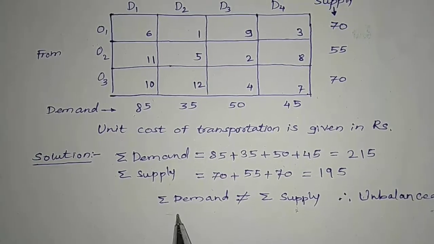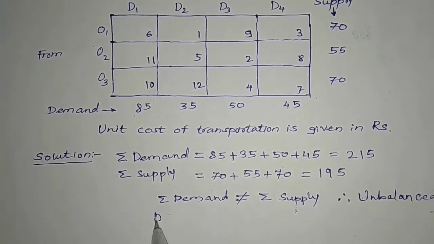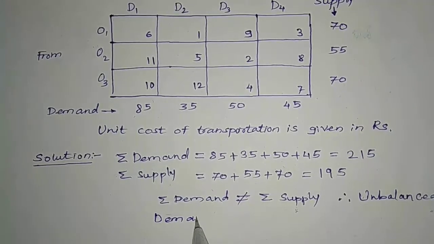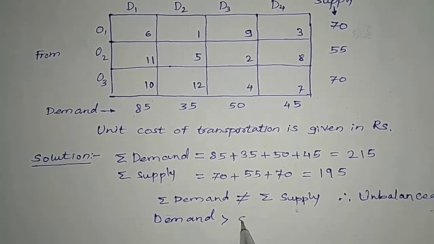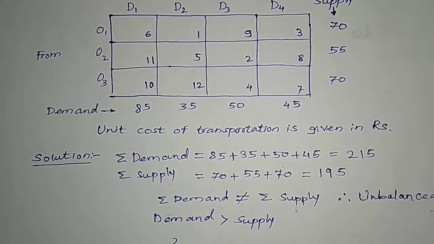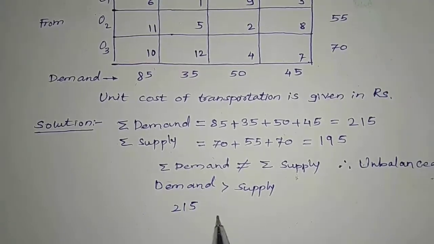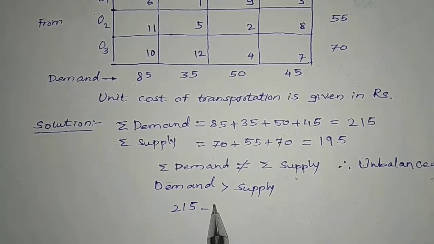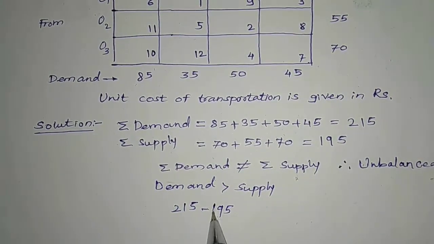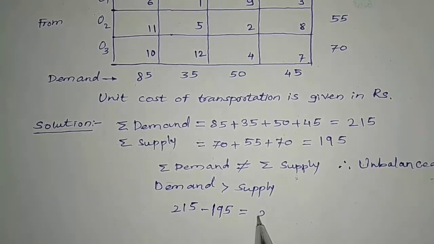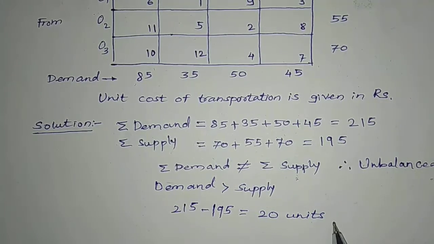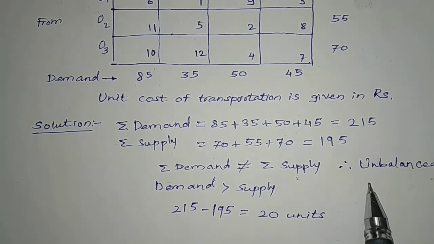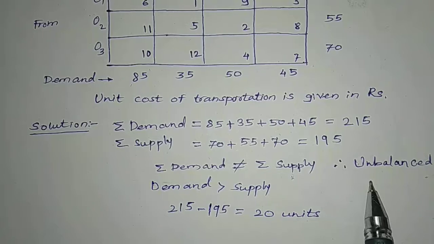Here total demand is greater than total supply. By how much quantity? That is 215 minus 195, right? So how many units? 20 units. So here supply is 20 units less, therefore this problem is unbalanced.